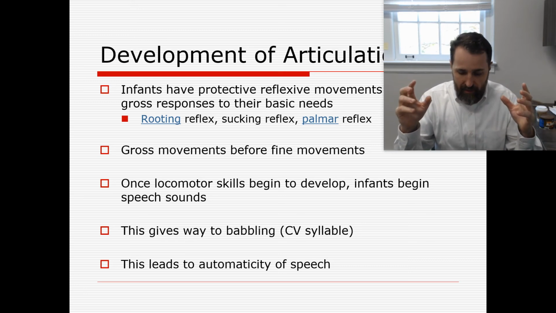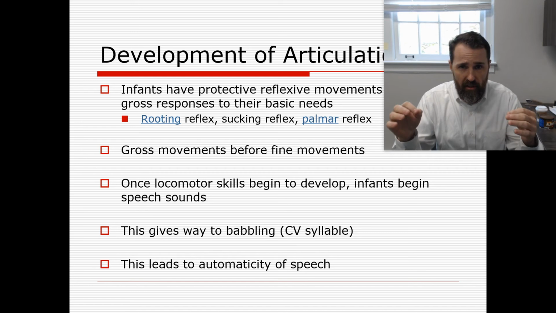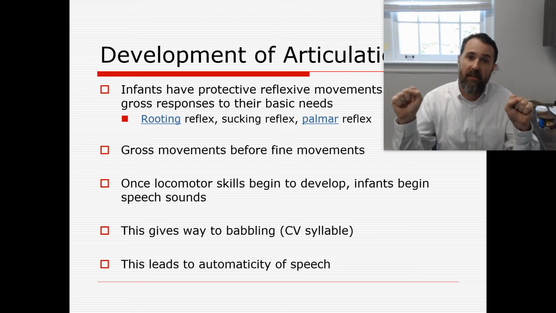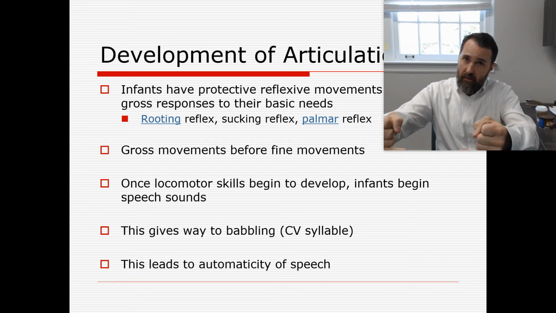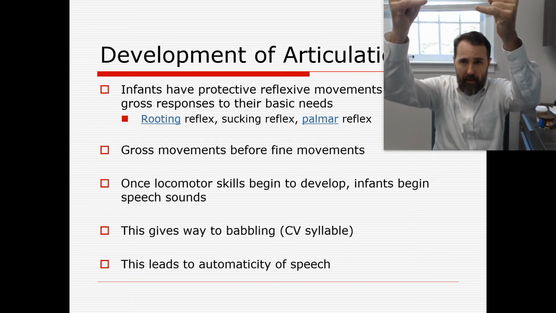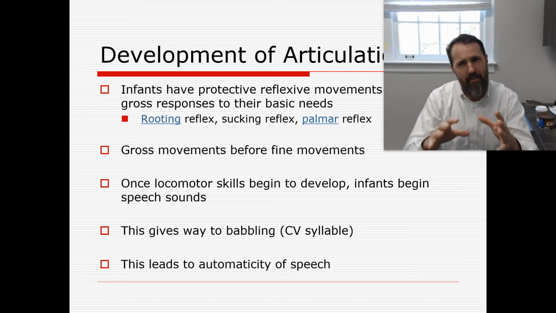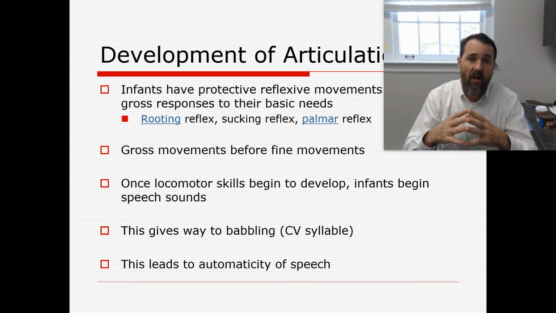Unless there is something motorically, neurologically wrong with the infant, those infant's hands will grasp onto the nurse's pinkies. And the nurse will literally lift the infant up off the table and put the infant back down. And that is a test of that baby's reflexes, which is a test of the baby's neurological system.